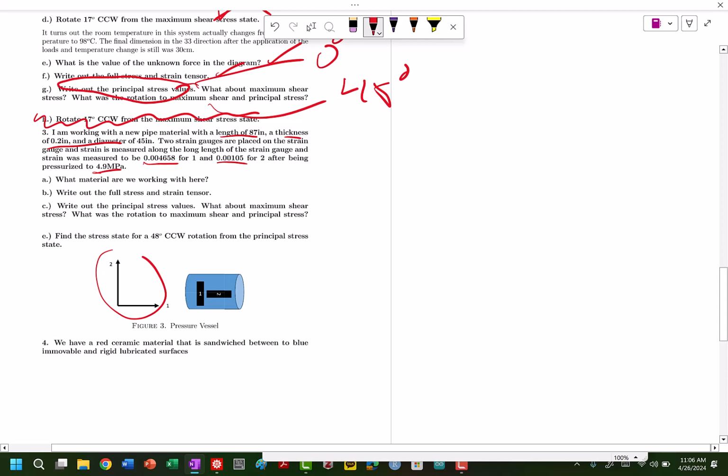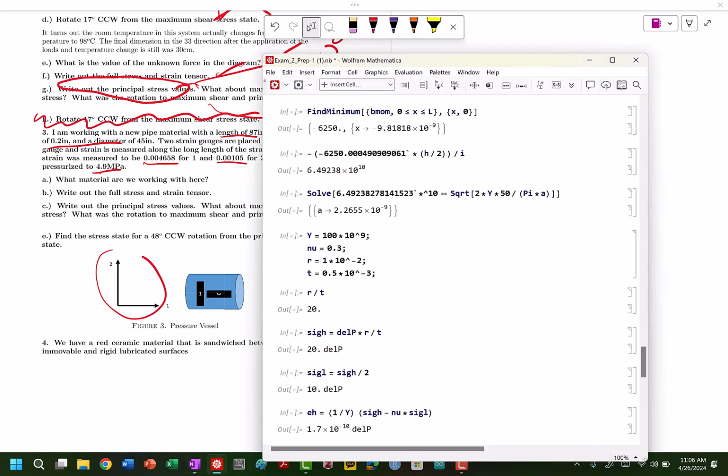So we need to first, whenever we hear diameter and thickness, we don't know what the material is, so we're going to leave this. This is just an unknown here. We don't know our nu, but we do know that our diameter is going to be 45 divided by 2 times 0.0254, because I want to convert the inches to meters.